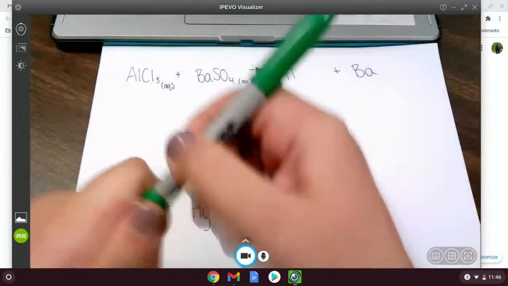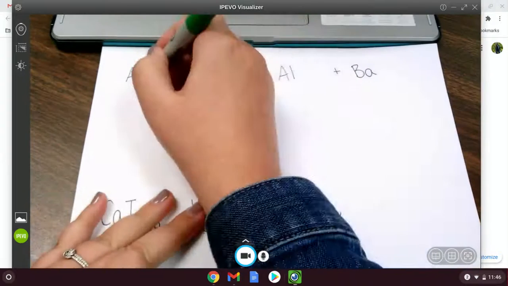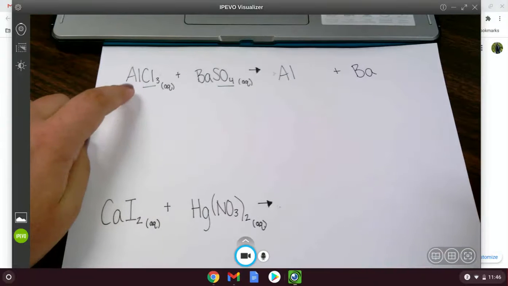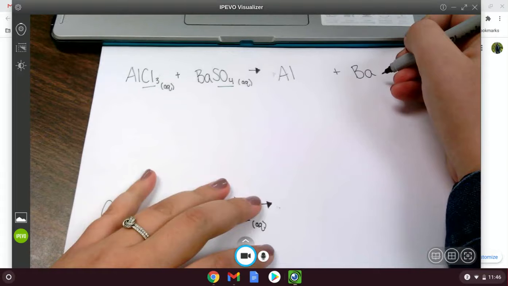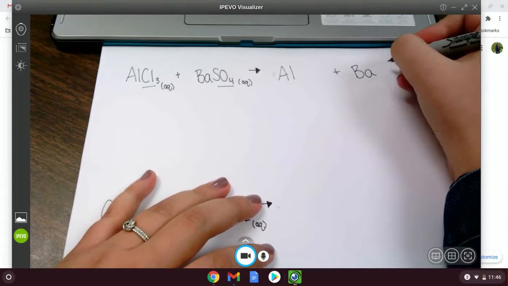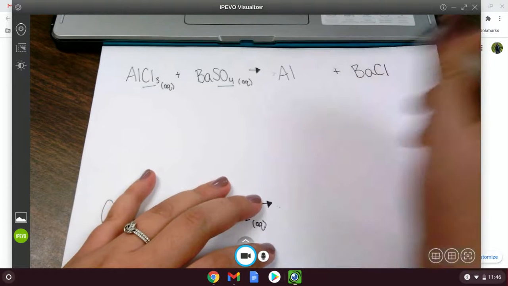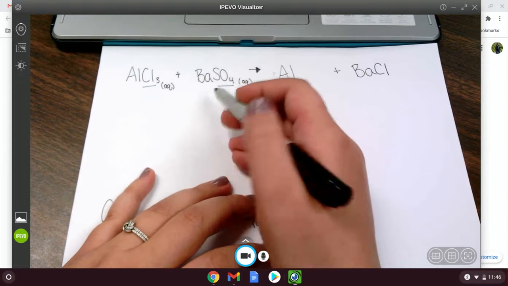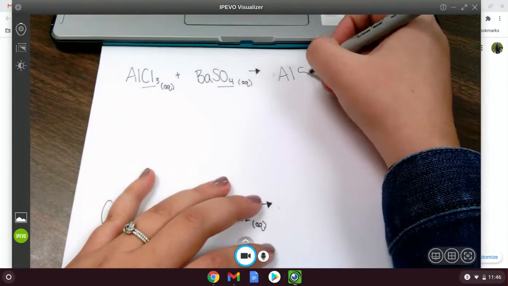And now we're switching our negative ions. So if Cl was with aluminum, it is now going to be with barium. SO4 was with barium, so now it's going to be with aluminum.